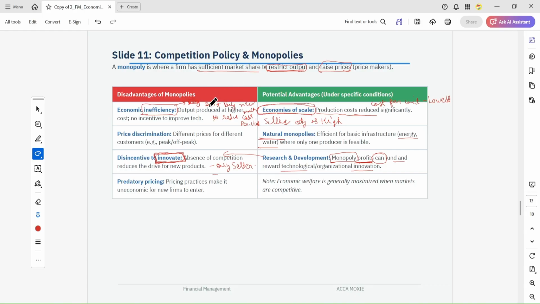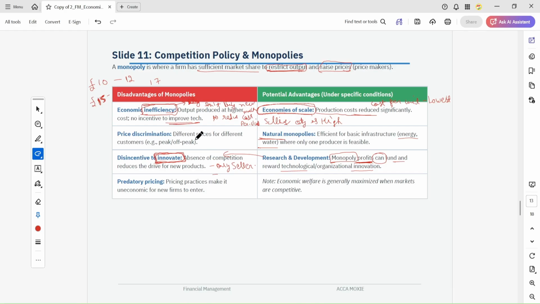But because you are in the monopoly, you don't focus on cost reduction, because whatever price you produce at, if you are producing at 10 pound this year, you can easily sell at 12. And if you produce at 15 pound next year, you can easily sell at 17, because you are the only seller in the market.